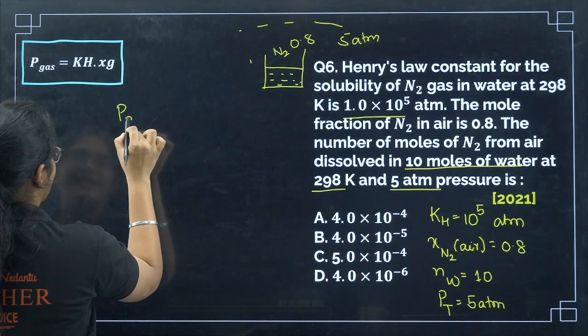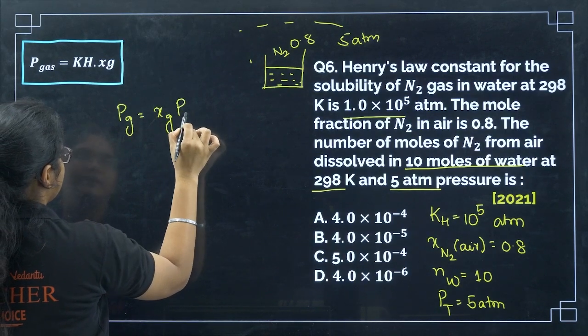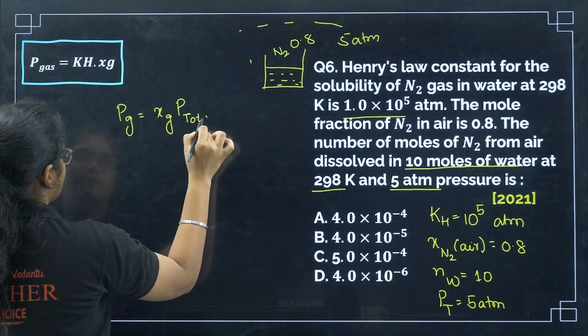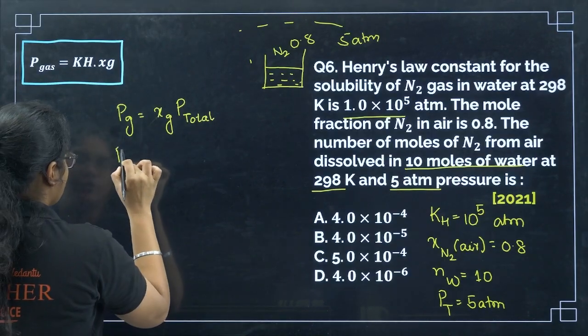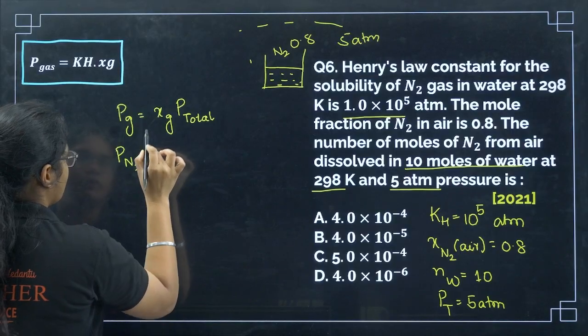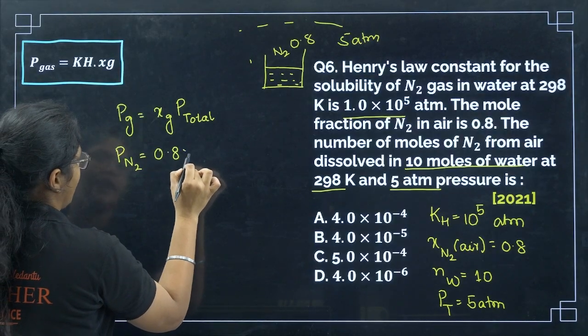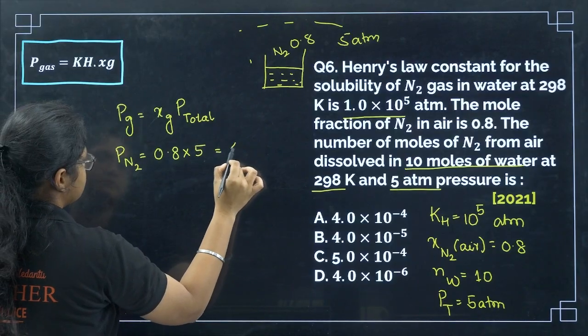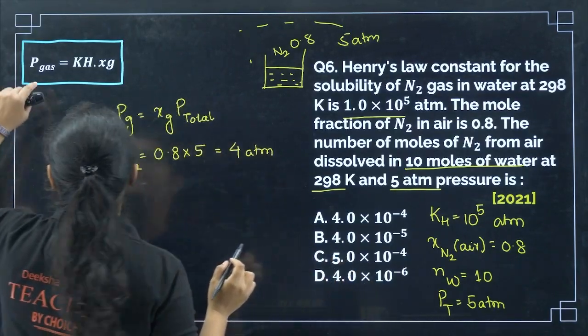Pressure of the gas is equal to mole fraction of the gas into P total. So now if I want to calculate pressure of N2, that will be equal to mole fraction of N2, which is 0.8, and total pressure is 5. That gives me 4. So I have calculated this P of N2.